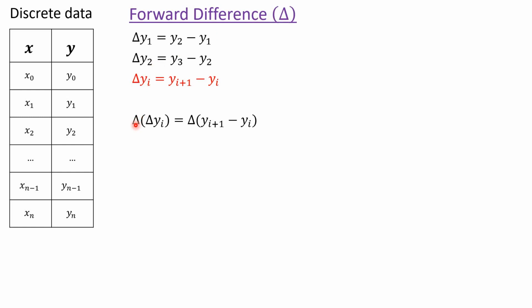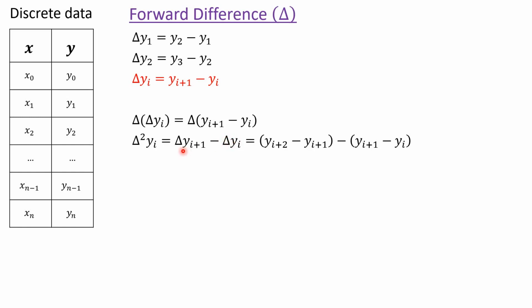Now what if we operate del on del of yi? Del of yi is y(i+1) minus yi. One more thing about these difference operators is that they are all linear. That means we can split them over addition and subtraction. So this gives us del of y(i+1) minus del of yi.